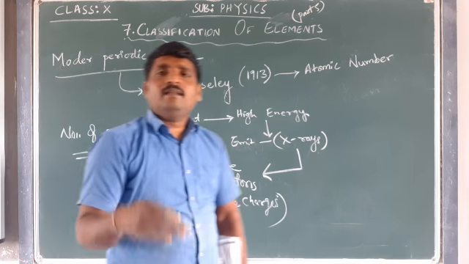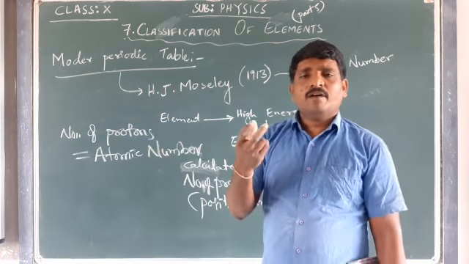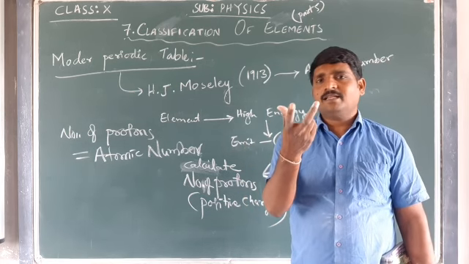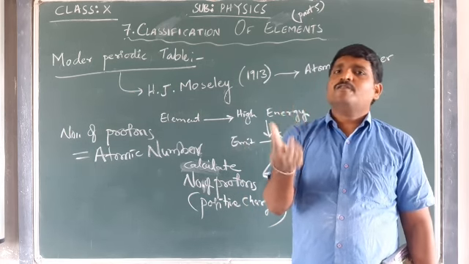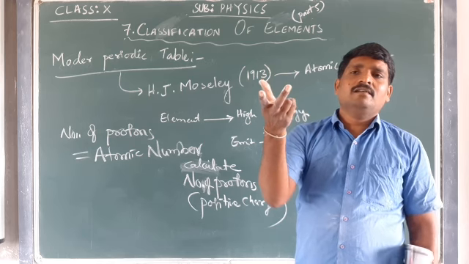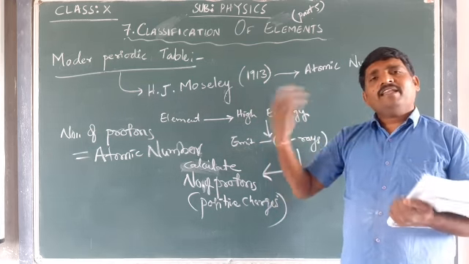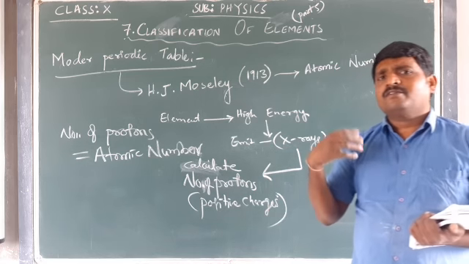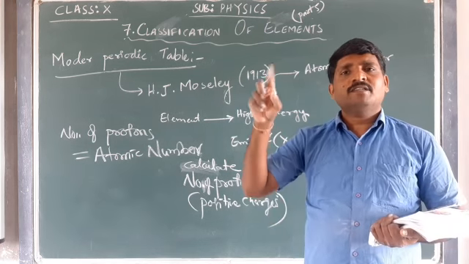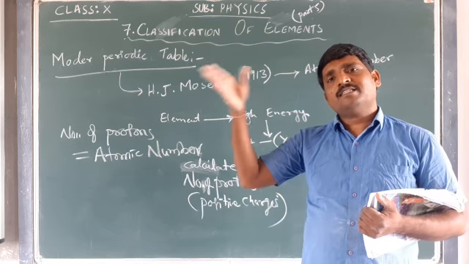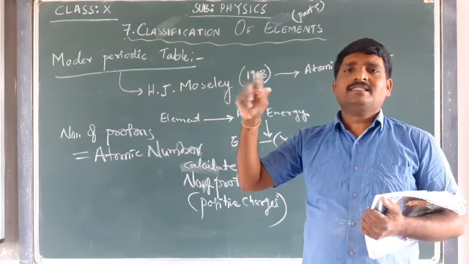So for example, if the atom of some element contains 6 protons, the atomic number of that element is 6. If an atom of an element consists of 17 protons, the atomic number of that element is 17.